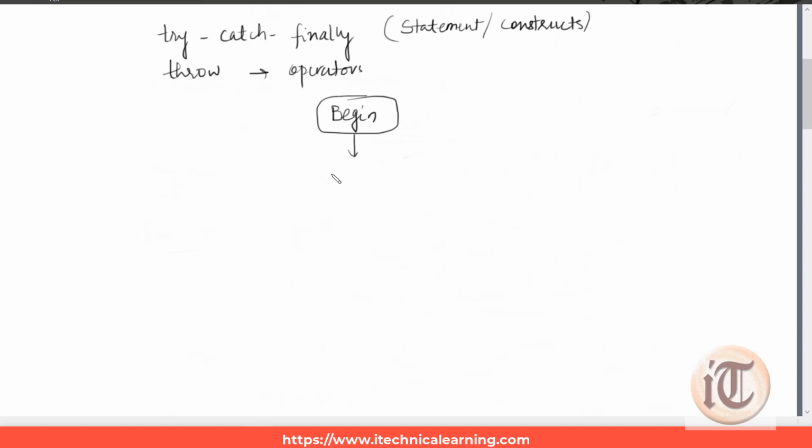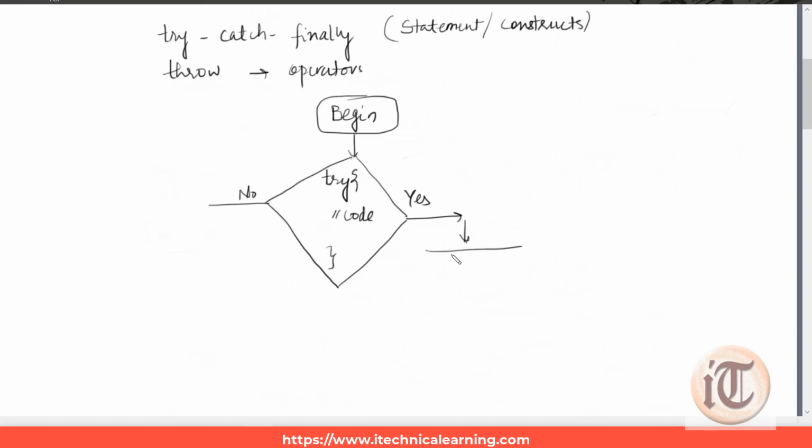Then I use the try block in which I write my code to be executed that may contain an error. I am showing a decision box here to show whether this try block contains an error, that is, if the condition is yes, or second, if the condition is no. If it contains an error, then to handle such errors, first we ignore the rest of the code.